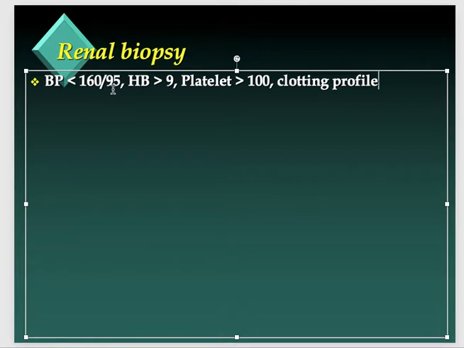So we tell them the complications and what kind of procedure it is. They will be having some back pain, maybe they will be having hematuria for a few days. Maybe they have bleeding, maybe they need a blood transfusion or things like this. So we always tell them the complications.